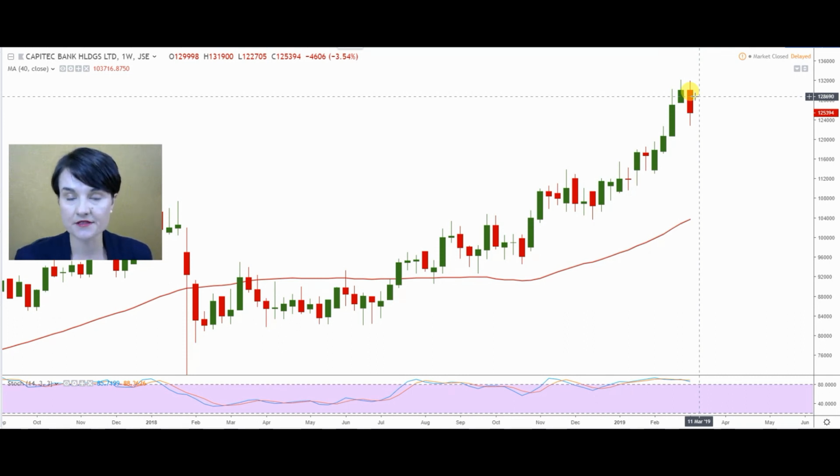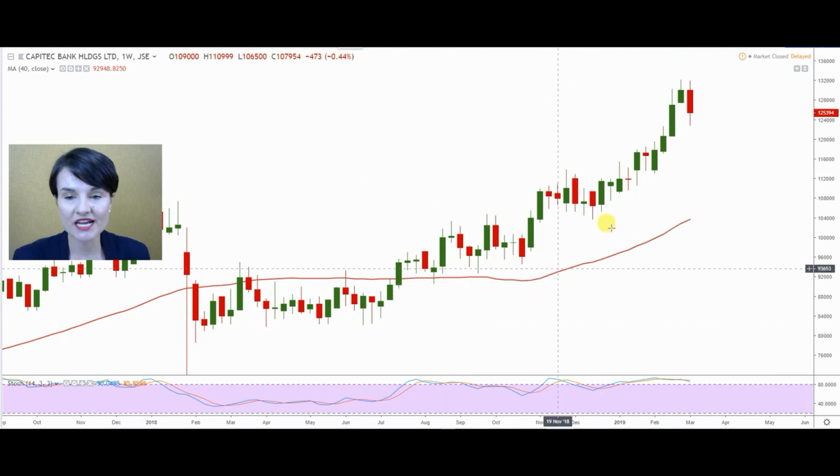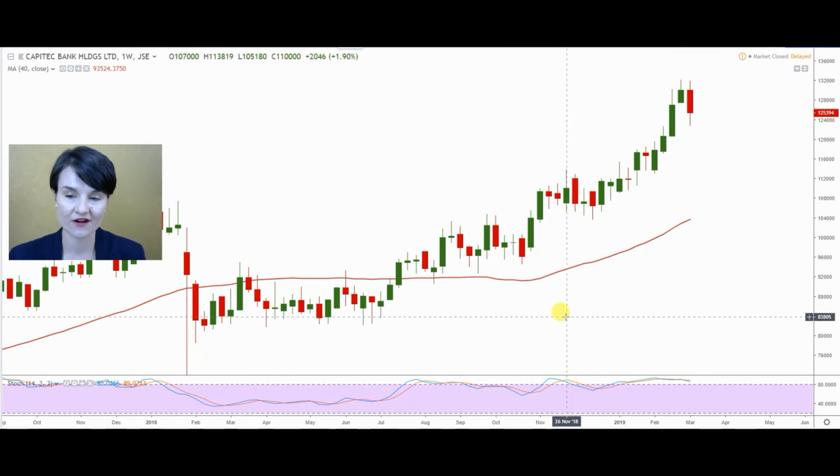Another interesting thing that I just want to highlight about Capitec is the fact that it's moved so far away from its 40-week moving average. Now, this is a weekly graph, and a 40-week moving average is the average closing price of the share over the last 40 weeks.